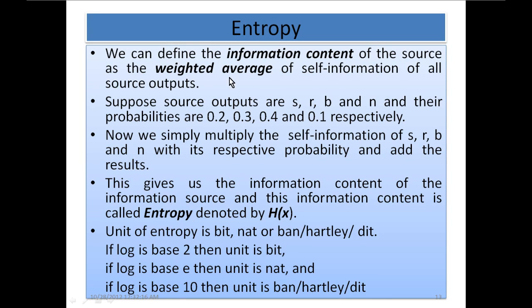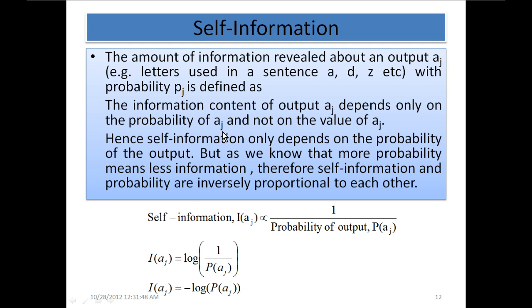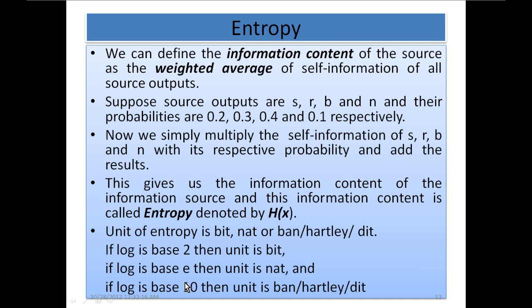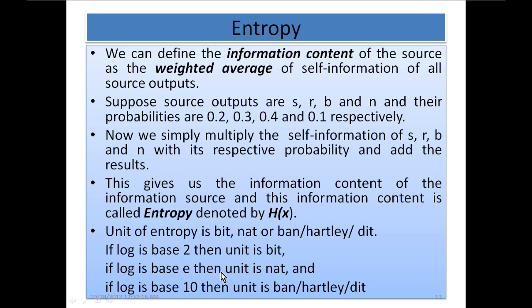Here the word weighted average actually means that we are going to multiply this self-information by its probability. So we simply multiply the self-information, that is this log of 1 over P(AJ), with its respective probability and add the results.